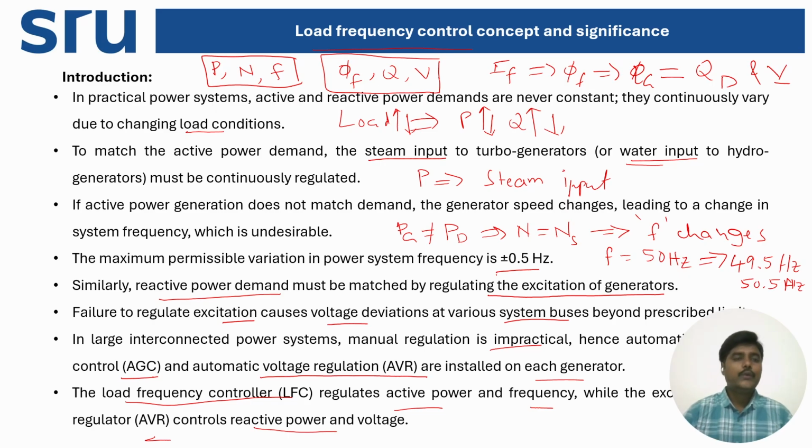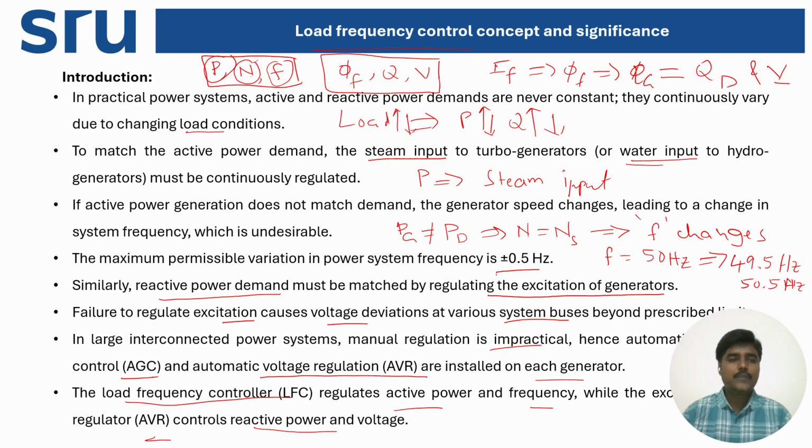That means you can control the active power just by controlling the speed of the machine. That is the reason we operate all our generators at constant speed in both thermal and hydro power plants. That constant speed is nothing but synchronous speed.